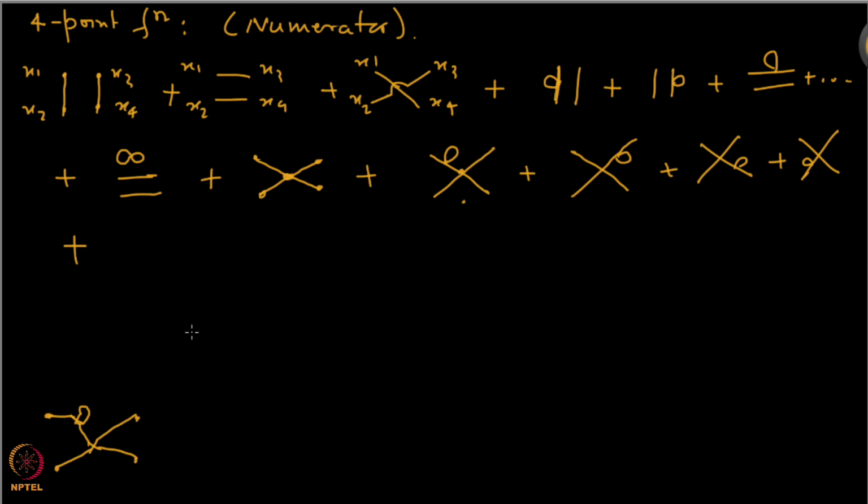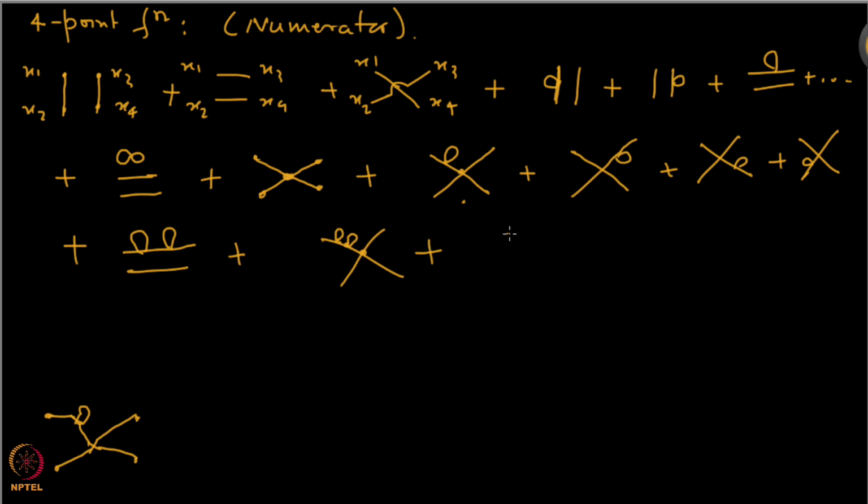Now, if you go to order lambda squared, there are still more diagrams, many more, some of which are the following. Of course, if you go further, higher in order, this is vertex 1, 2, 3, order lambda cubed. This is an order lambda cubed diagram.